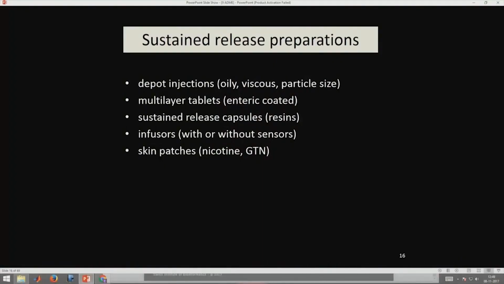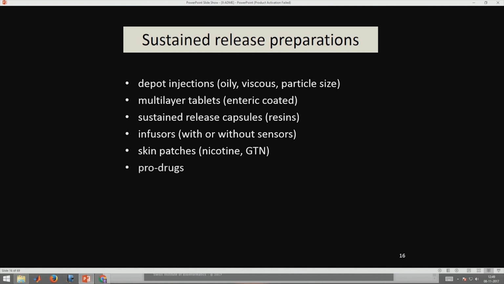That is called an infuser. It is kept inside the body and the drug gets released from time to time or based on certain conditions. Skin patches: you must have heard about the nicotine patch. The drug in the patch slowly gets into the body.